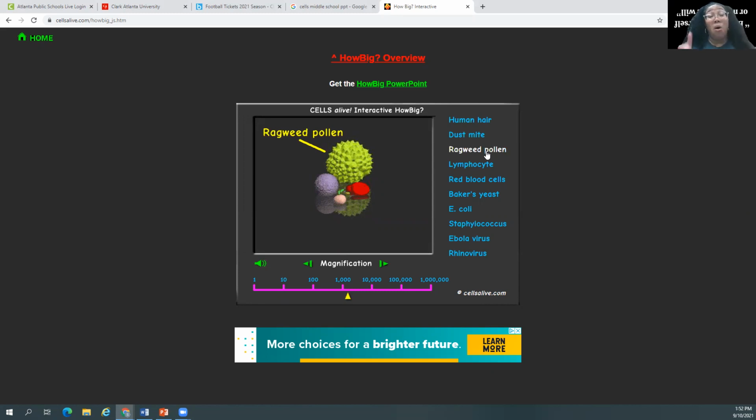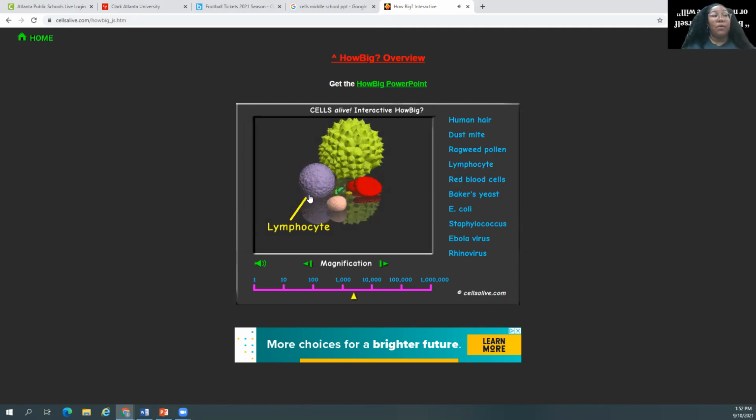And that's how small a piece of pollen is. When people are allergic to pollen and it goes up in their nose and we sneeze, that little piece of pollen is that small, one little item of pollen. And then we think about it, this one pollen is made up of many, many, many cells. Can you imagine how small one cell would be to make up this right here? Let's look at a lymphocyte.